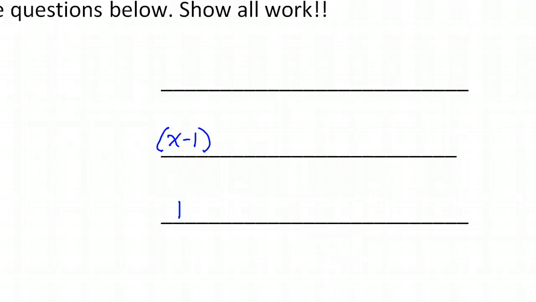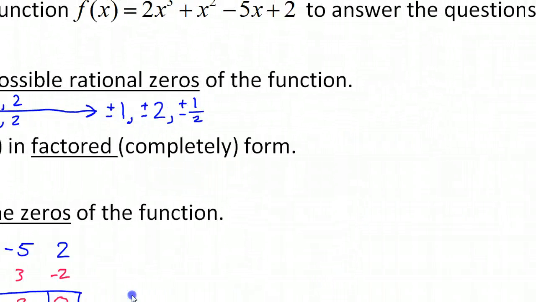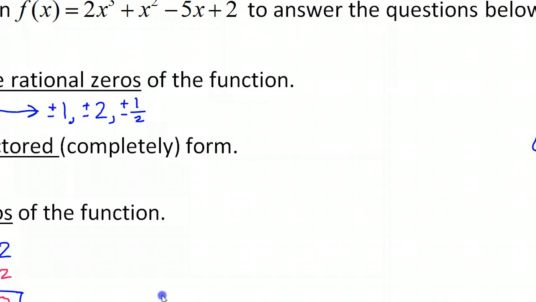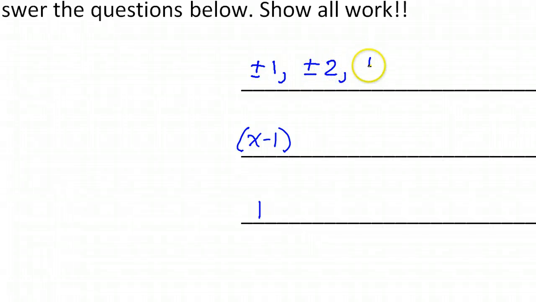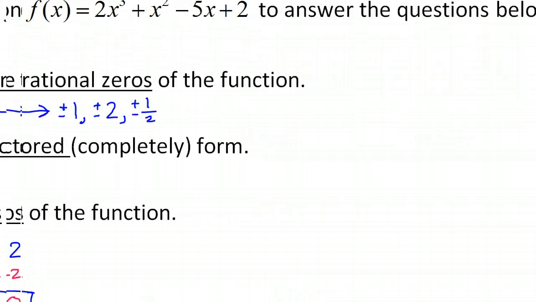Yeah, I now see that we were supposed to put these possible zeros on the line, so let me do that. Plus or minus 1, plus or minus 2, and plus or minus 1/2. Okay, let's get back to work.